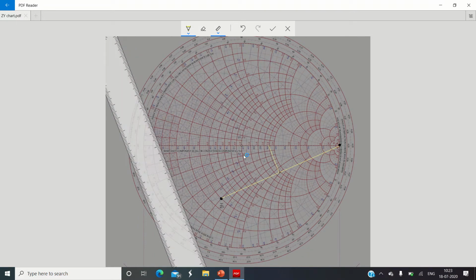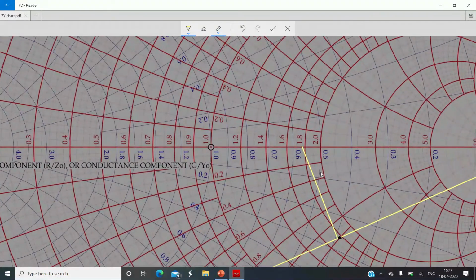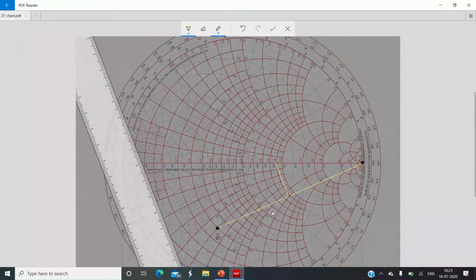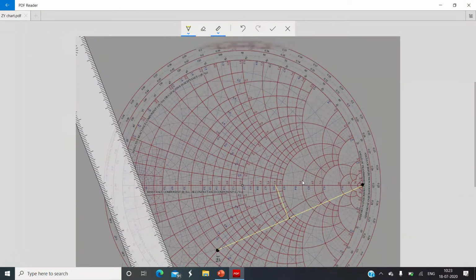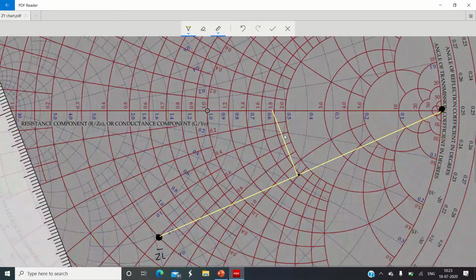You remove the ruler. Here I have drawn a perpendicular bisector to the chord of the circle. This perpendicular bisector cuts the real axis somewhere, and this is the position of the center of that particular circle.